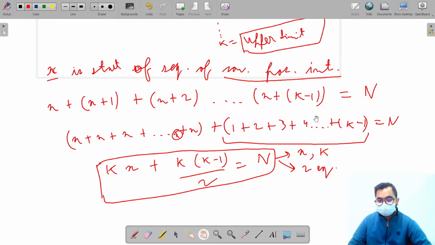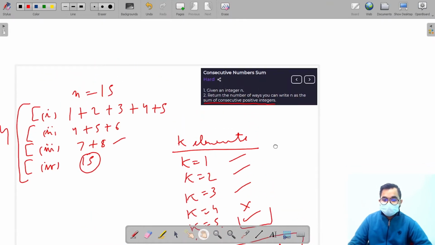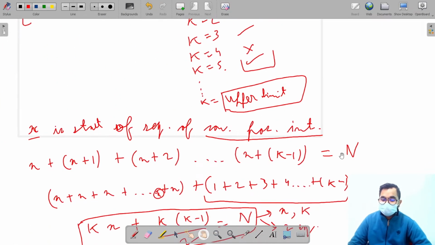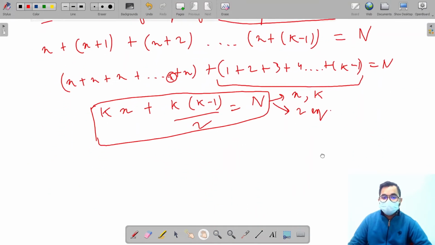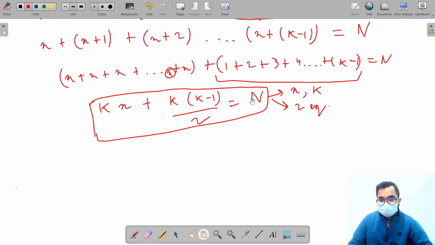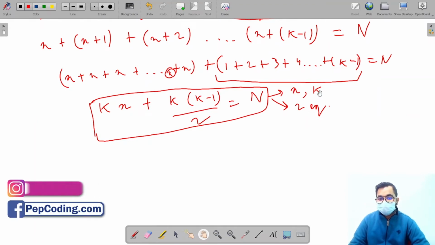All right. And why am I not saying that I need one more equation or one more variable for n? Because n is already given in the question, a given integer n. When we are trying to solve this equation, we are already aware what our n is. All right, so n is already given. So either we know x or we need to know k.